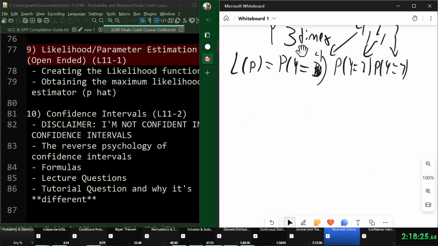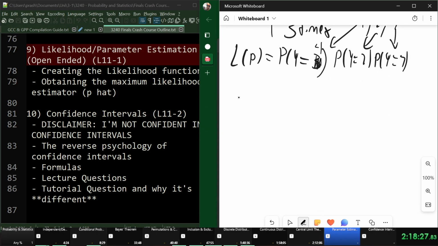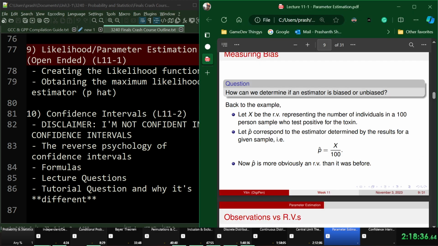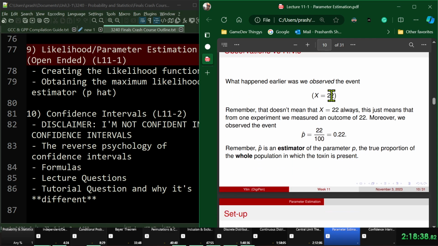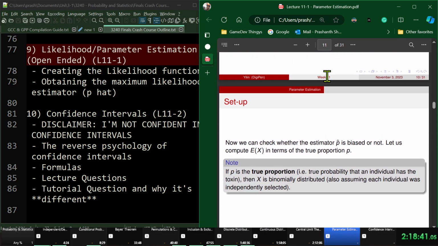Now that you've gotten your likelihood function, it is a function in terms of p.